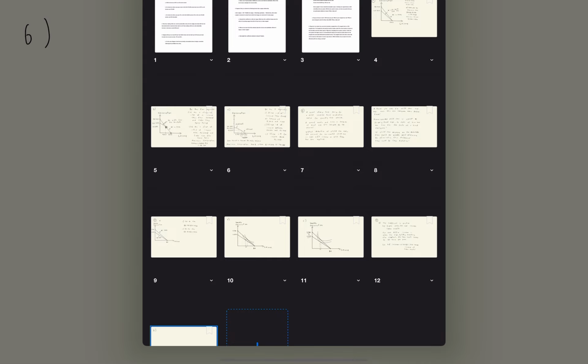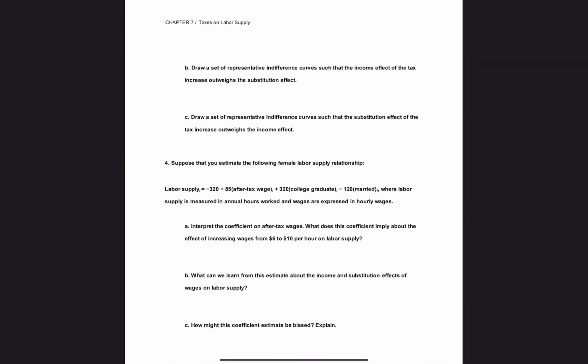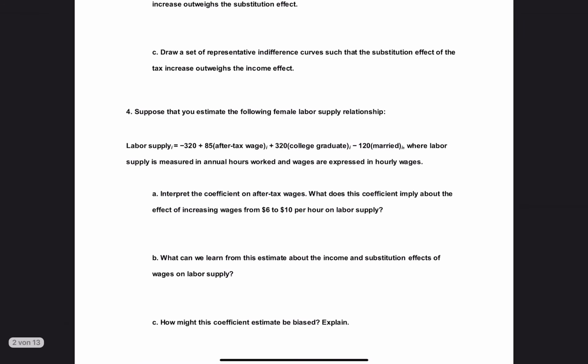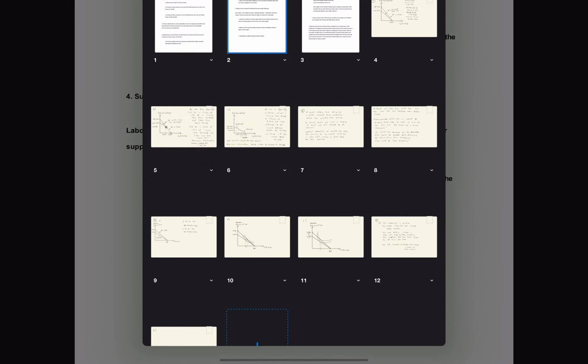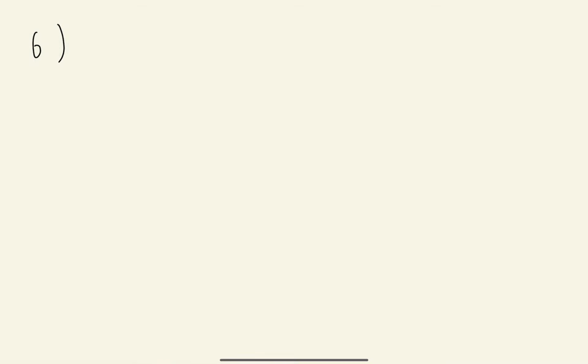Sub-exercise B. What can we learn from this estimate about the income and substitution effects of wages on labor supply? Again, a little bit similar to the last exercise, if we increase the after-tax wage, we will have two effects.